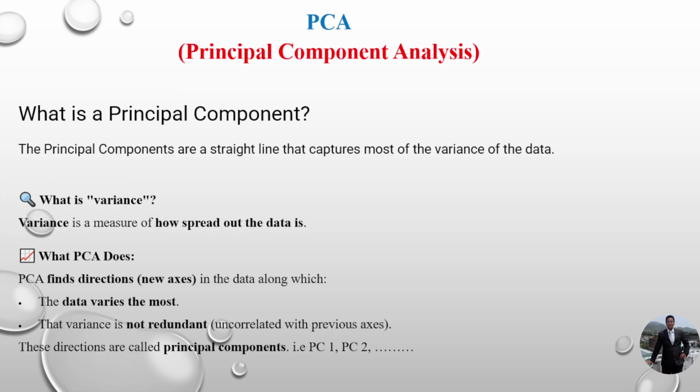PC1, the first principal component, is the direction with the highest variance, and the second principal component, PC2, represents the direction with the next highest variance after PC1, orthogonal to the first principal component, and so on. There can be more than two principal components.